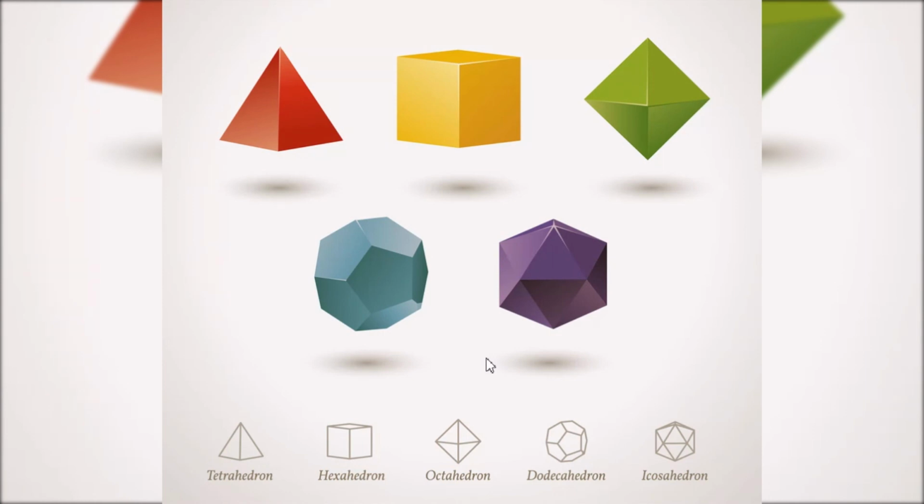So these are the only 5 Platonic solids where the faces are all congruent regular polygons, and that's the tetrahedron, the hexahedron, which is a cube, the octahedron, the dodecahedron, and the icosahedron. And those are the 5 Platonic solids.